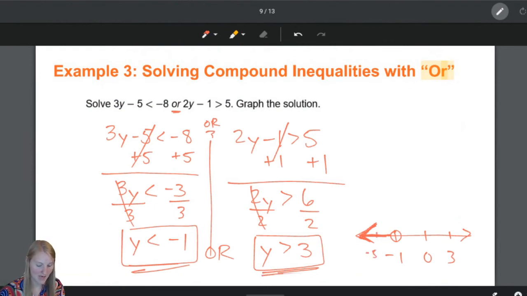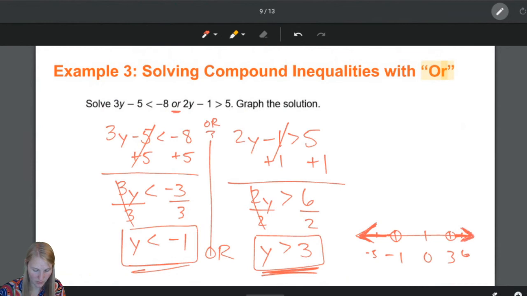All right, and if y is greater than 3, that means I want numbers like 6 or 8 or 9, all the numbers bigger than 3. So I'm going to keep the open circle because that is strictly greater than, and my arrow will go this way.